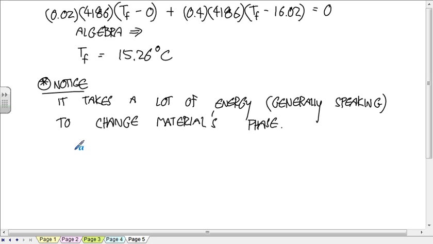And that fact is used in a lot of engineering applications. So that fact is exploited in many engineering applications.